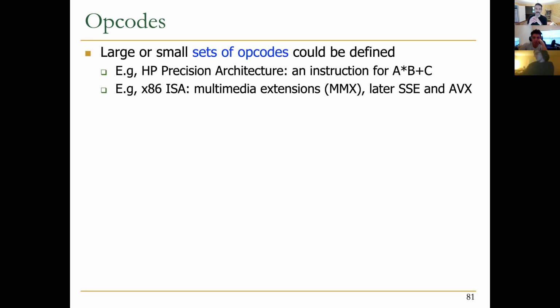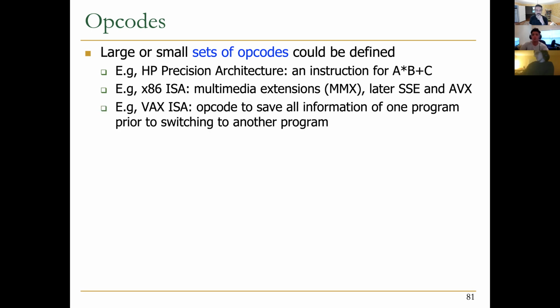In x86, we had MMX instructions, so we have more complex, multimedia kinds of instructions. In VAX, which was a popular machine many years ago in the 70s, it had way more complex instructions compared with the other ISAs.